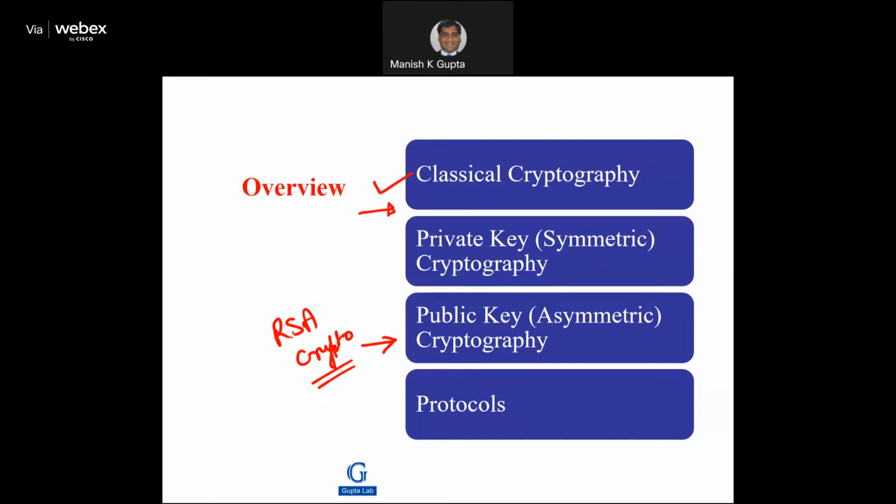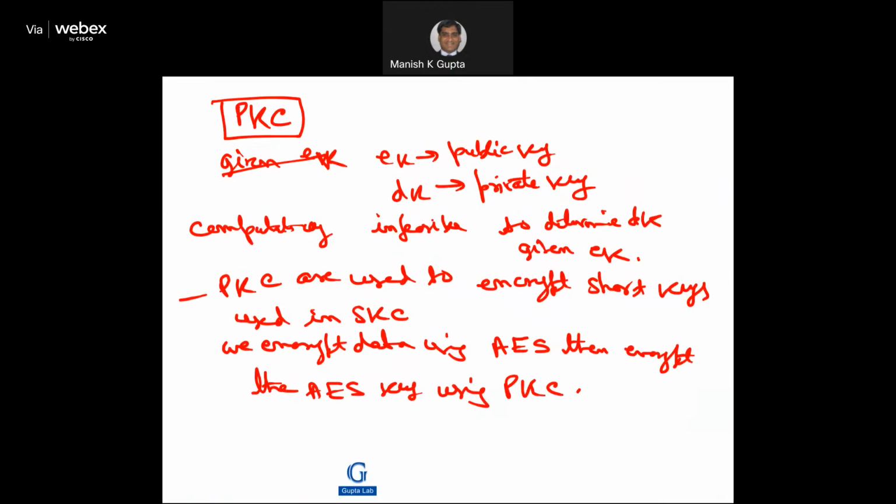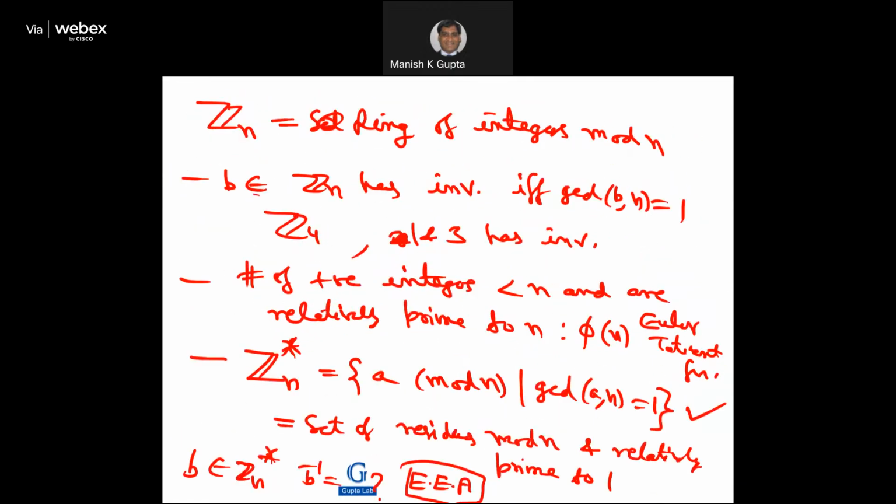Whenever you log in to any secured website, where there is HTTPS, there is a strong role of the RSA crypto system. We covered a couple of these things earlier, right? So we were doing some basic mathematical things. Some of these things you already know, and some we are just recalling.